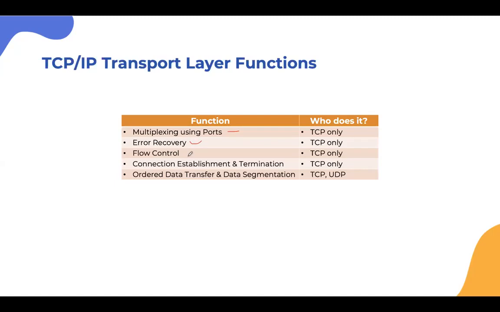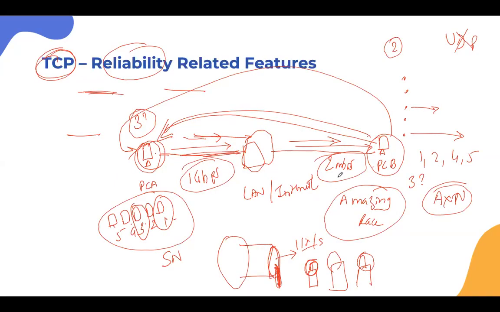Flow control, how to establish a connection, ordered data transfer, data segmentation. Segmentation I'll just briefly explain, and ports I'll explain. In fact, we have a separate session on ports because it's pretty important for you to know. So all of these are not done by UDP. The only thing that UDP does is it segments the packets. That's all. Because it is more real time.